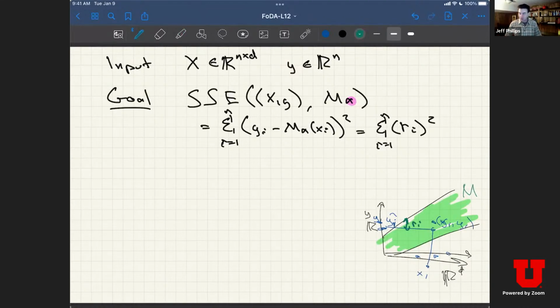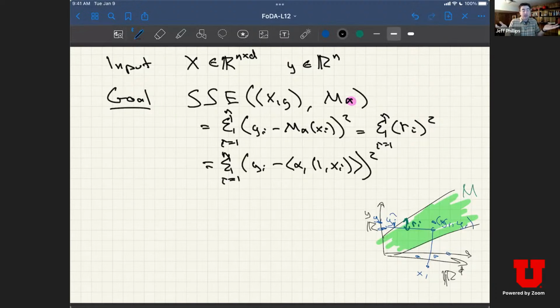Okay, and we can just formulate it again as a dot product. So this was yi minus alpha, which is everything in my model controlled by this alpha vector, dotted with (1, xi), squared. Because it's a dot product, that encodes that it's this linear function.